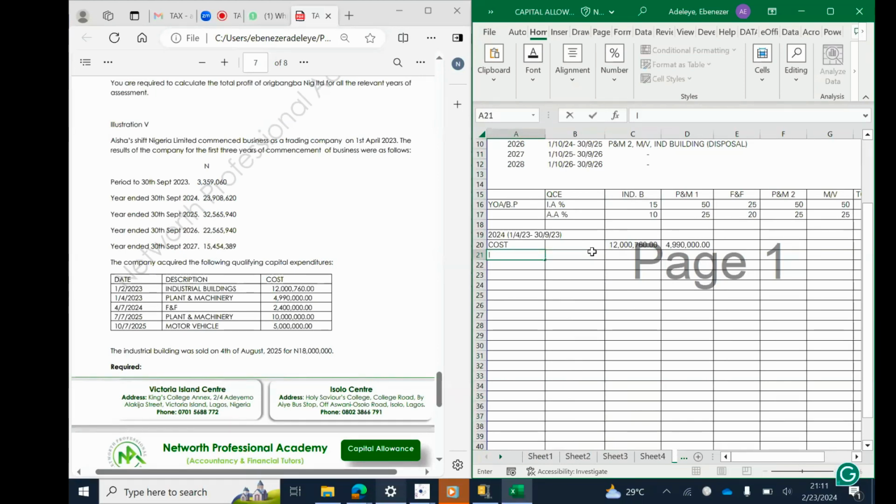They are new items, so I have to compute initial allowance for them. Initial allowance for this one is 15%. So please, someone should compute 15% of 12,760,000 for me. 1,914,000 naira, right?